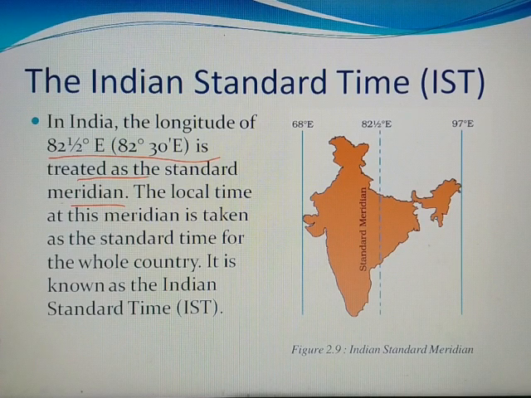So the timing that you see on your wall clock, or on the watch or the mobile phone in India, that Indian Standard Time, is taken from this meridian, 82 degrees 30 minutes east.